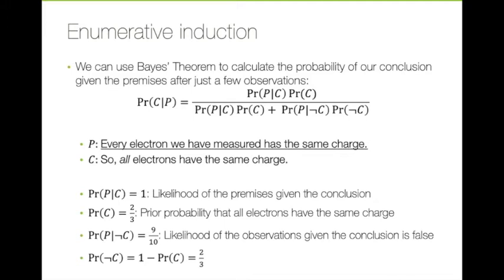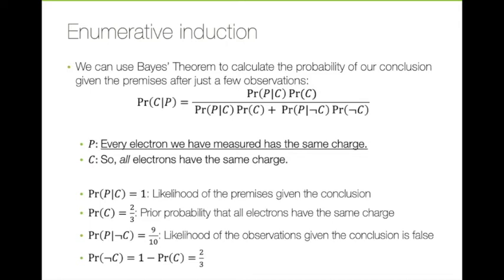Again, some of these numbers are somewhat arbitrary, but I think they give you a feel for how the calculation will work. And particularly what we care about is the difference between the result after just a few observations and the result after many observations.